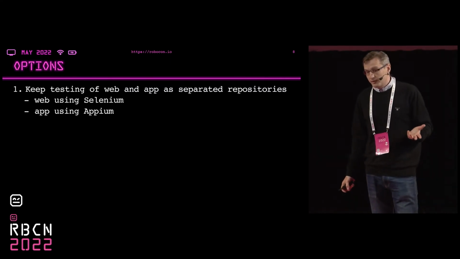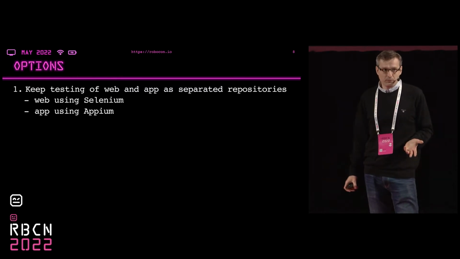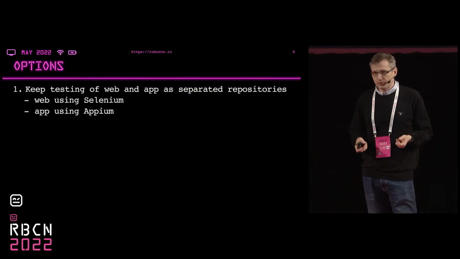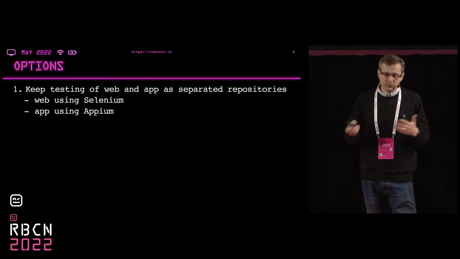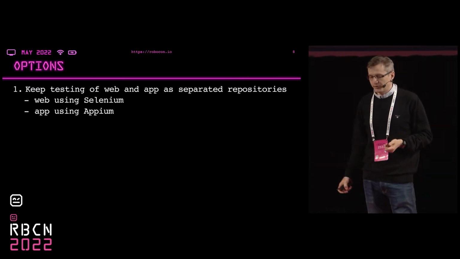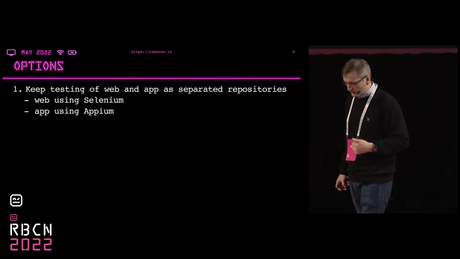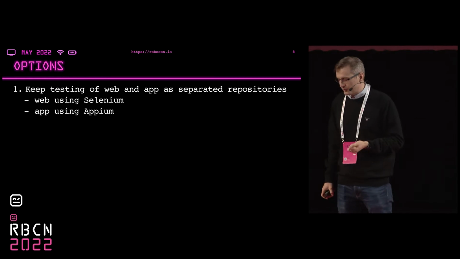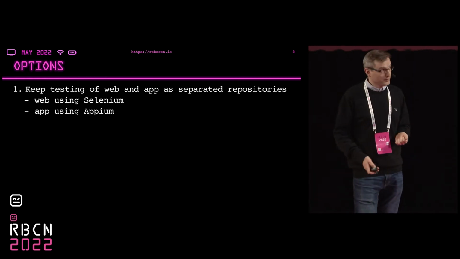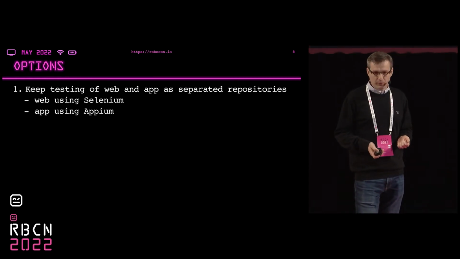The consequence would be that the problem with the 2 repositories would not be solved. We would need to duplicate the work in test automation for the same feature implemented twice, once for the web and once for the app. So that was not a really good approach.